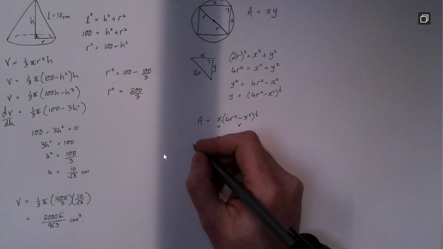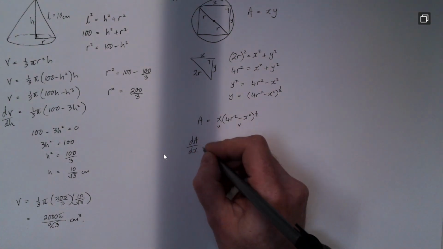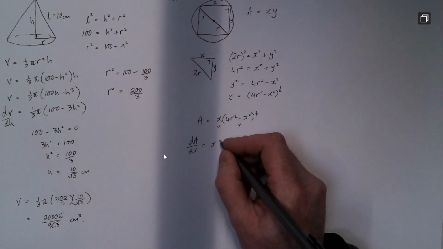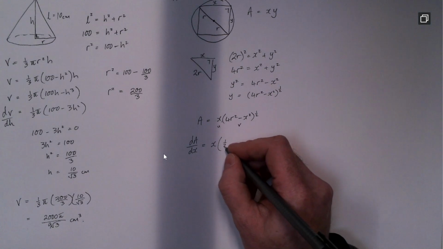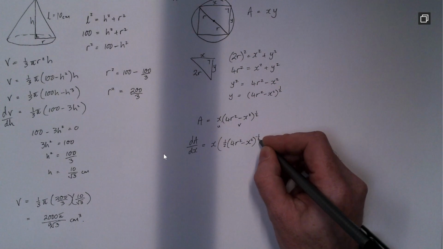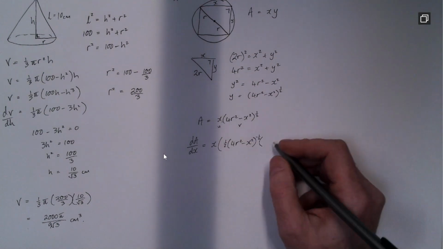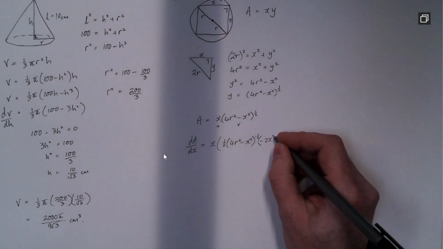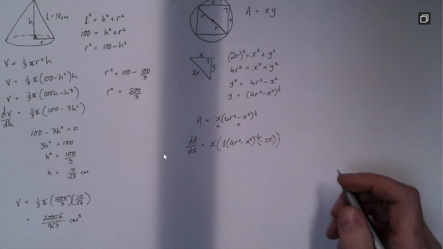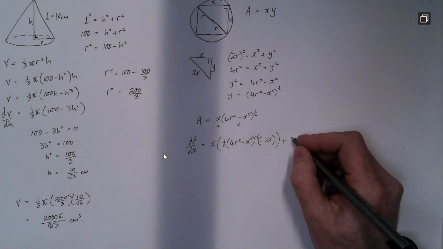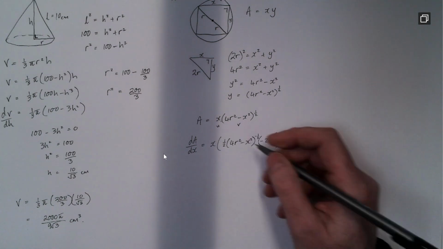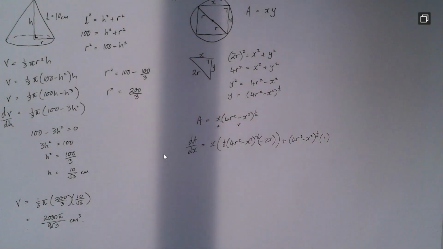So dA/dx equals u times dv/dx plus v times du/dx. Here dv/dx is one half times the square root of 4r squared minus x squared to the power of minus a half, times minus 2x, plus v, the square root of 4r squared minus x squared, times du/dx.